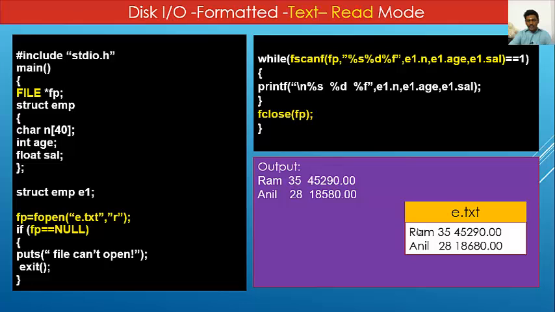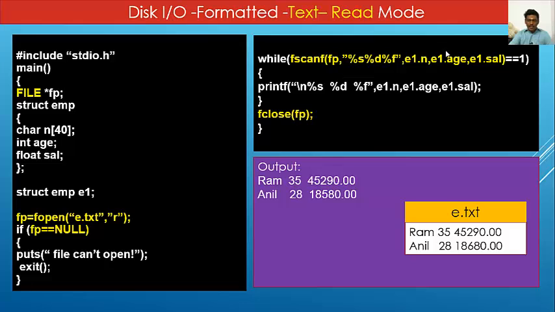So it reads the name from RAM and stores it into e1.n. 35 is stored to e1.age. 45,290.00 is stored into e1.sal. Then it also returns 1. If the record is available, fscanf returns 1. If the record is not available, fscanf returns 0. Now it returns 1 because the record is available. It reads the name, 35, 45,290.